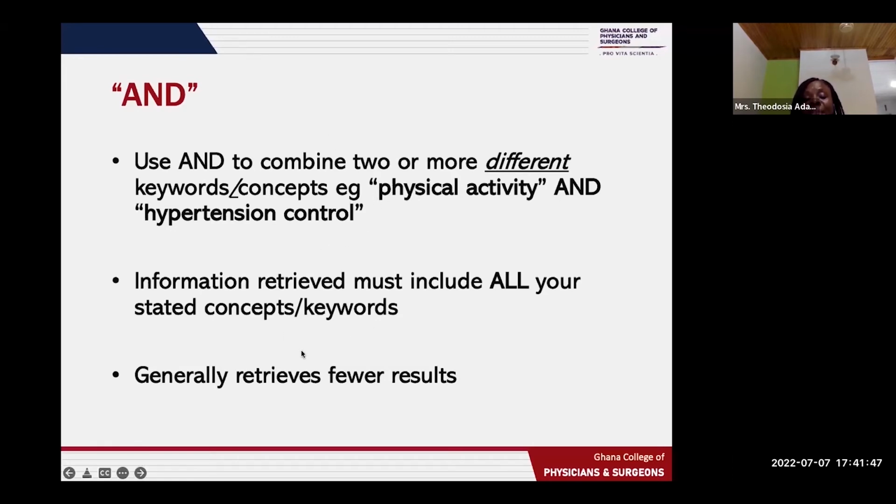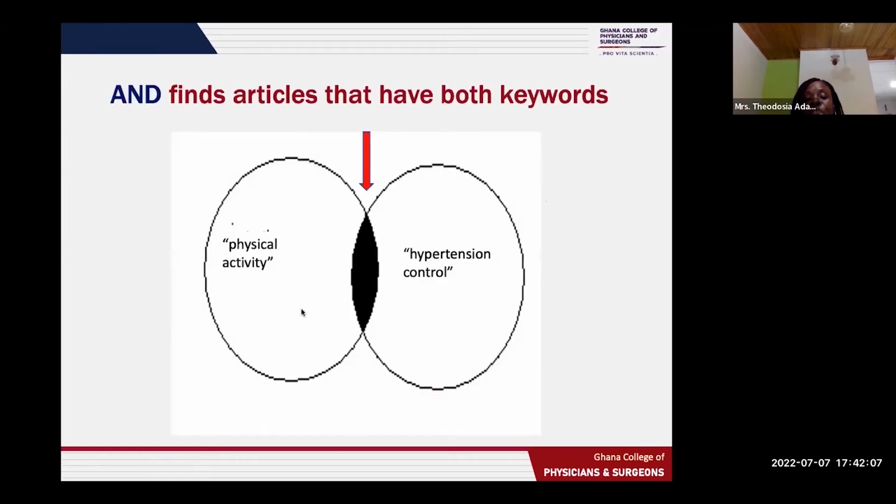So this AND generally retrieves fewer results. If a paper has physical activity and doesn't have hypertension control, the database does not give it up as a result because the 2 concepts are not both present.